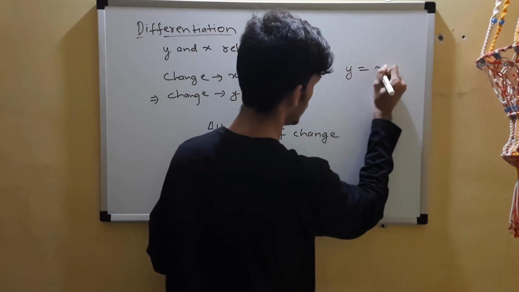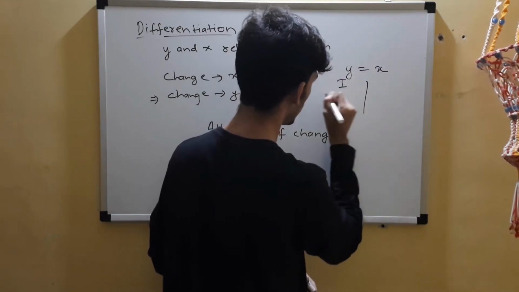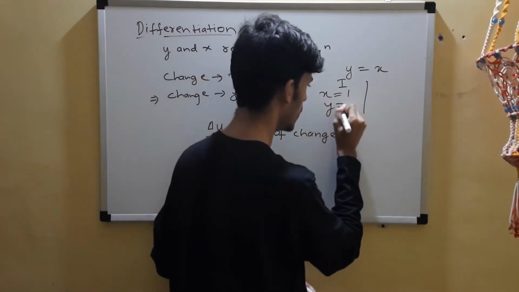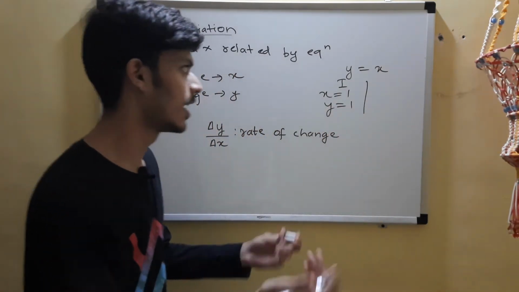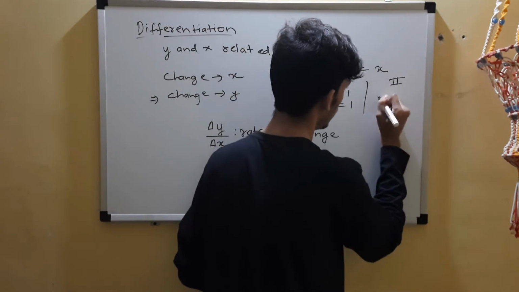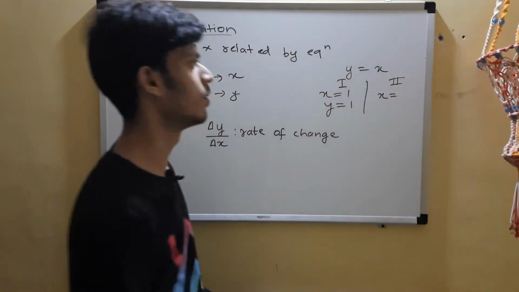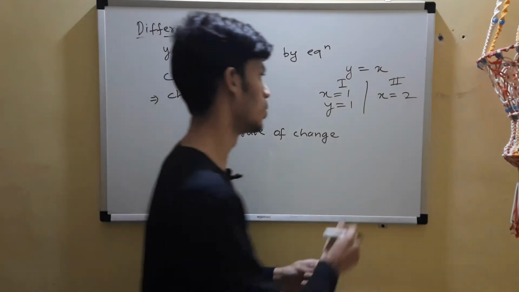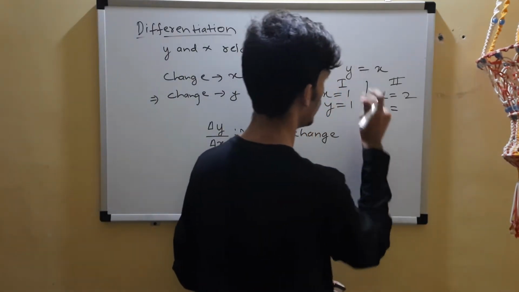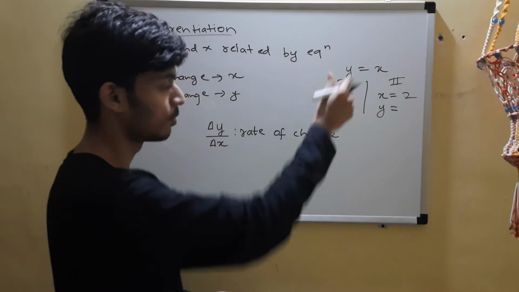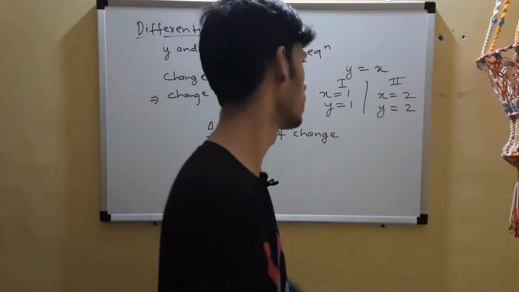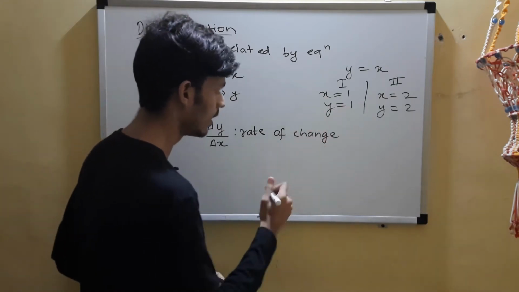Simple example, y is equal to x. Suppose in the first case x was 1, so y is also 1. In the second case, we change the value of x from 1 to 2. Now y has to satisfy that equation, so y will also change to 2. So what is the rate in this case?